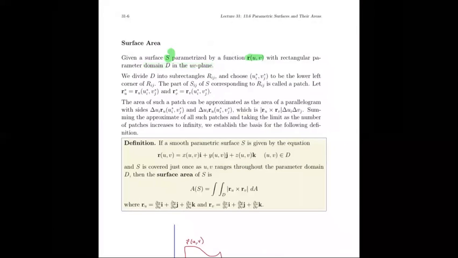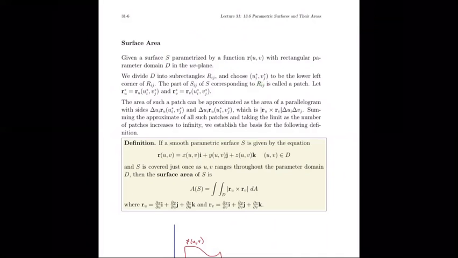Well, we remember that we can divide this region D into subrectangles, R sub ij, using u sub i star, v sub j star to be the lower left corner of R_ij for any of these subrectangles. And we'll take S sub ij to be the patch above R sub ij.